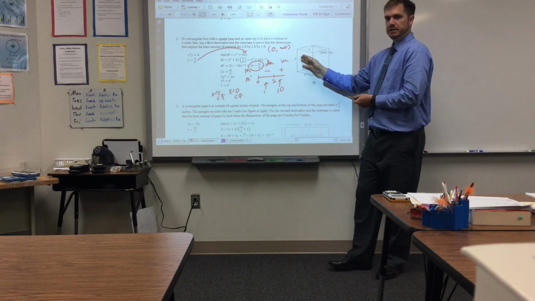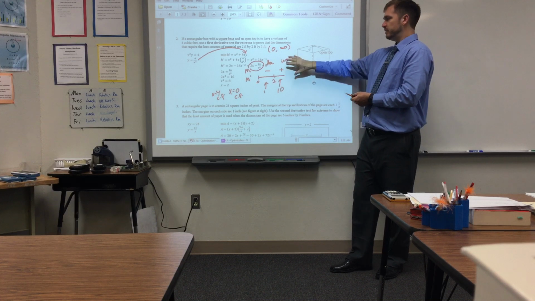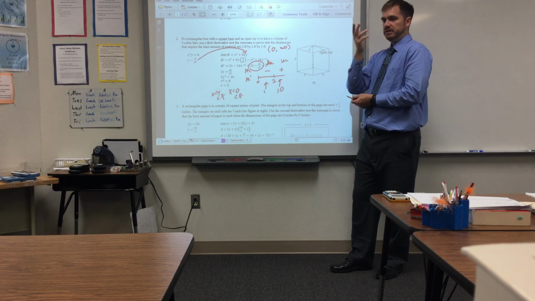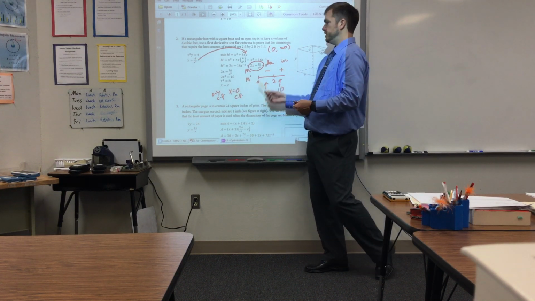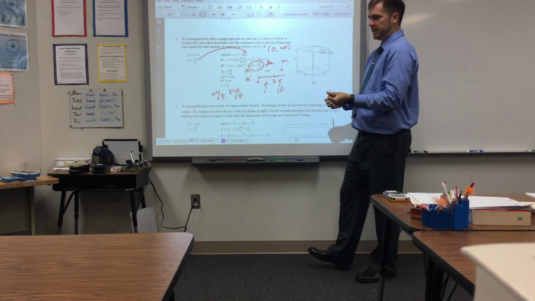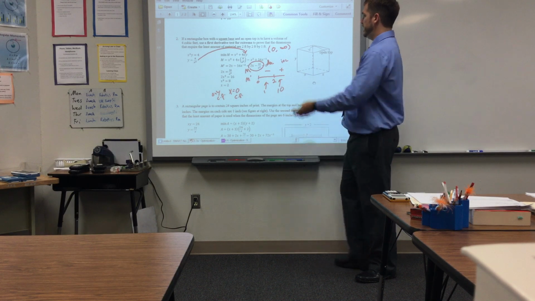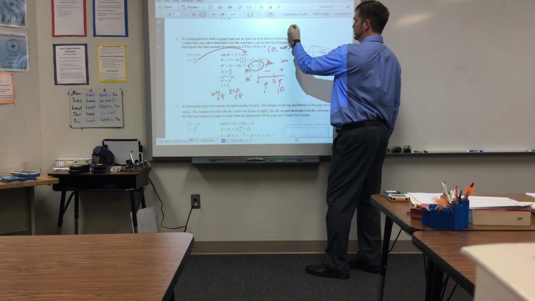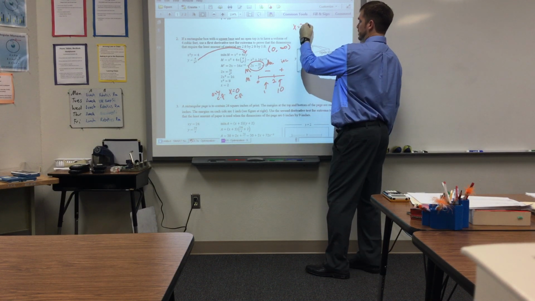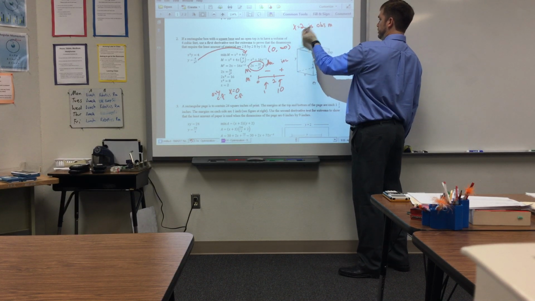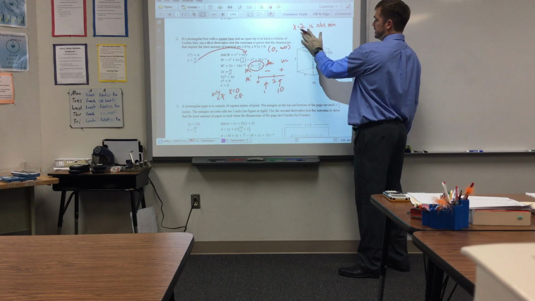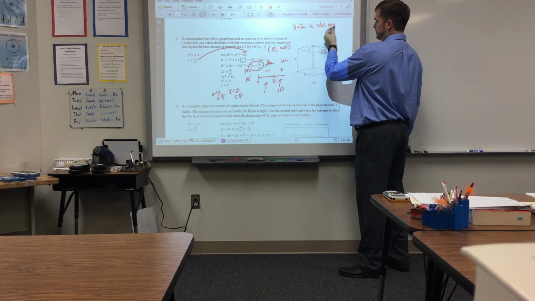Is it ever going to change again? Could it ever go from increasing back to decreasing? No. Why not? It doesn't have another critical point. Yeah, because there's no other critical point. So therefore we can say absolutely that when x equals 2, I wouldn't say that x equals 2 is the absolute minimum.